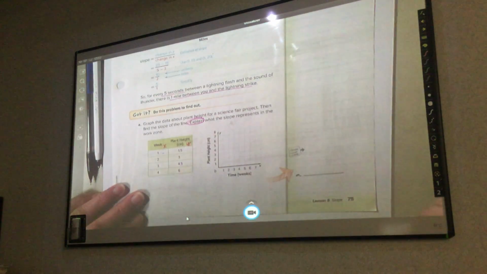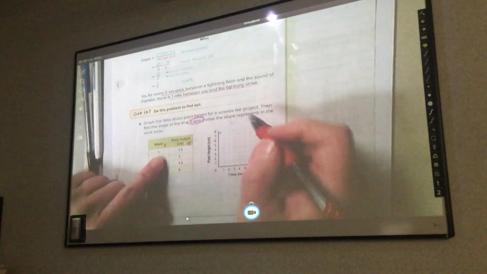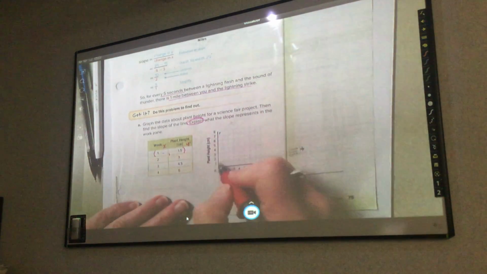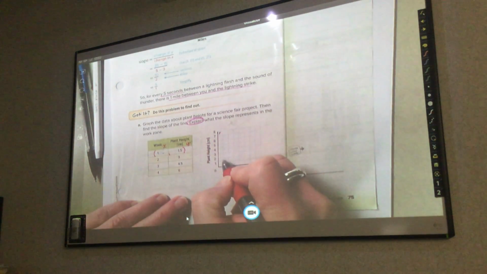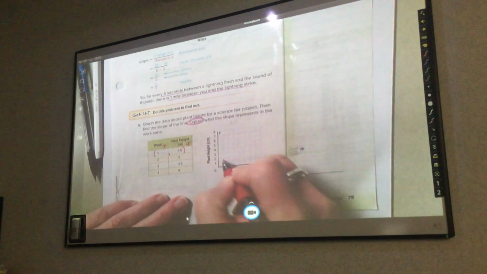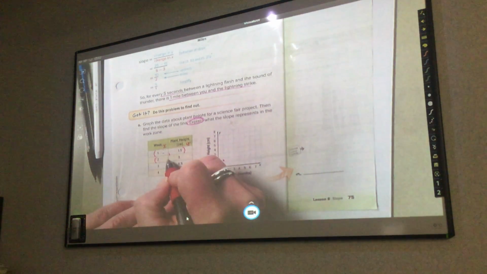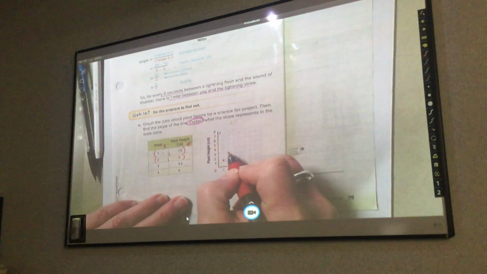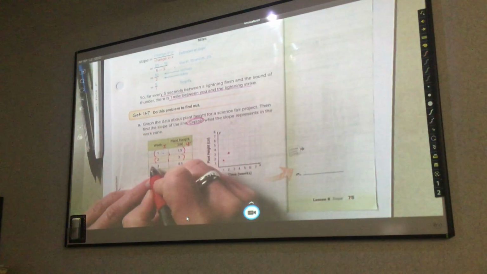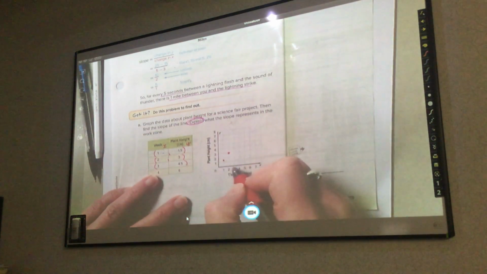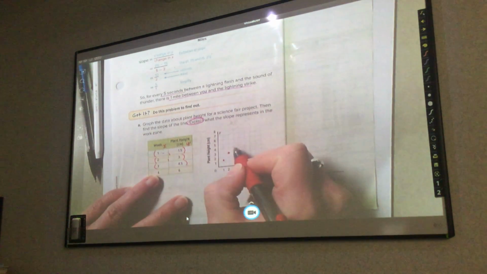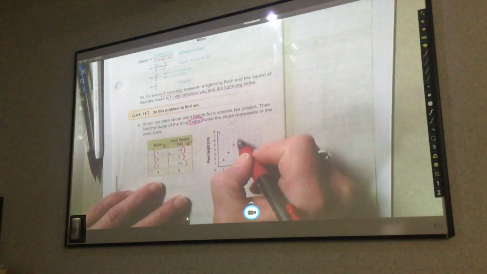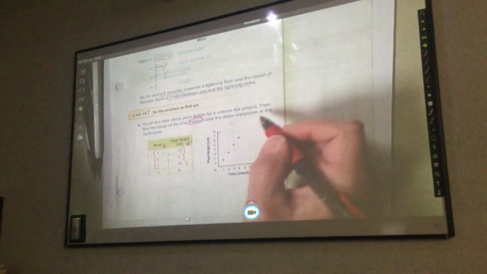So now these are my coordinates: 1 comma 1.5, so over 1, up 1.5. 2 comma 3, so over 2, up 3. Over 3, up 4.5. Over 4, up 6. Draw my line.